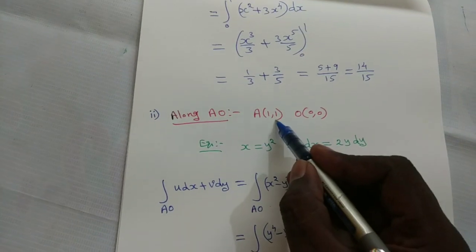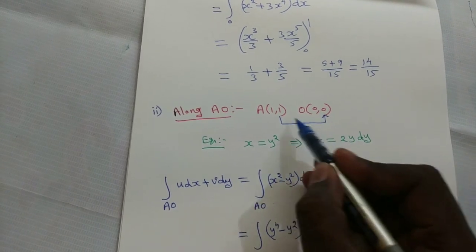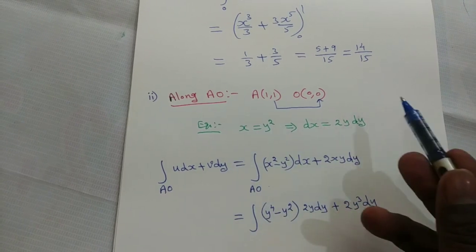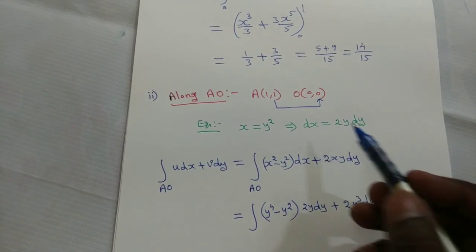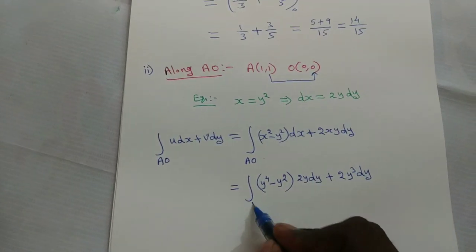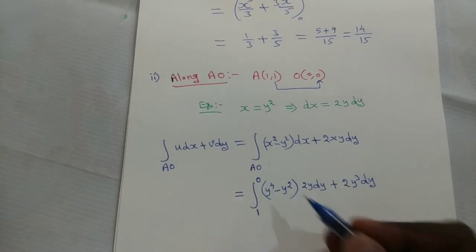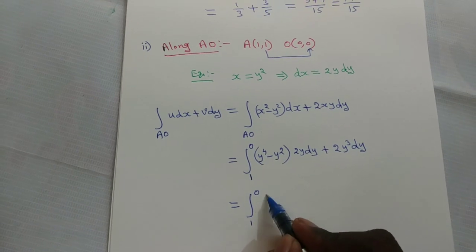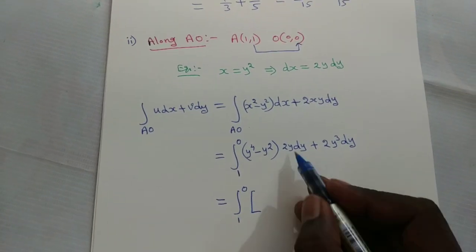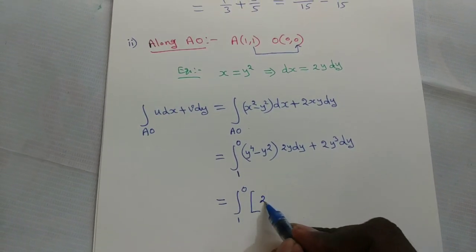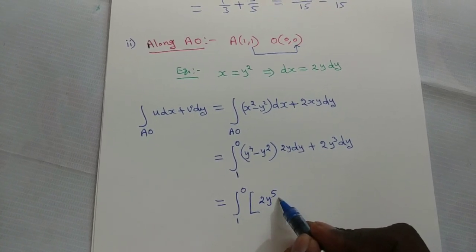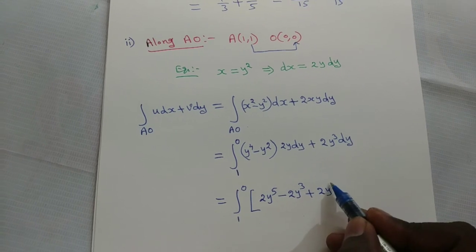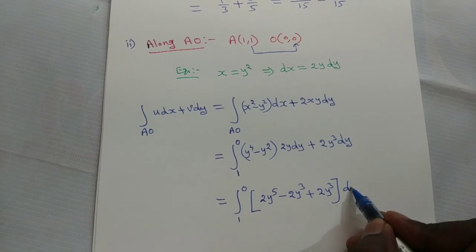What is the limit for y here? The y limit is 1 to 0. Don't write 0 to 1. It is along AO, from A to O. Therefore the limit for y is 1 to 0. Now the integral from 1 to 0, taking dy outside and multiplying 2y inside: 2y power 5 minus 2y cube plus 2y cube into dy.